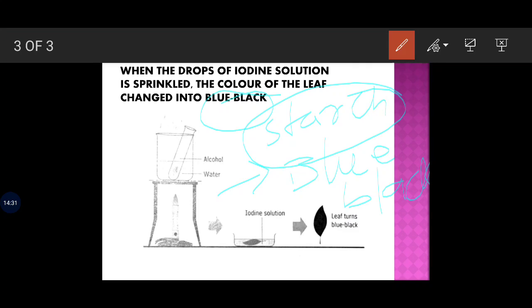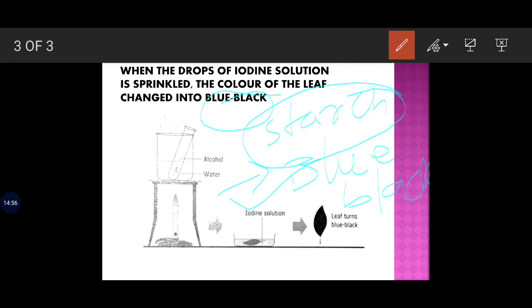So this is the theory behind that. When iodine is put on a food which contains starch, it turns the source blue-black, which confirms the presence of starch in it.